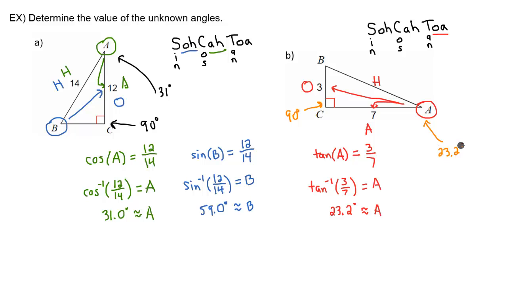Well, we could subtract these two angles from 180, and that is going to give us our last unknown angle, which is B. So I'm going to do 180 degrees minus 90 degrees minus 23.2 degrees. And that's going to give us about 66.8 degrees, and that's going to be angle B. So we have all three angles.